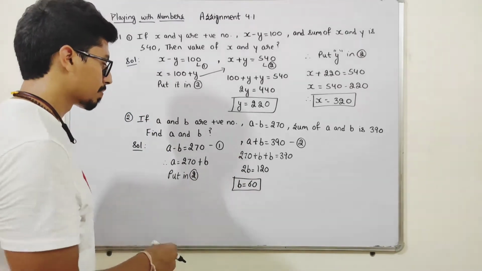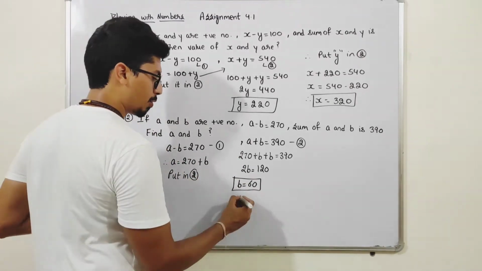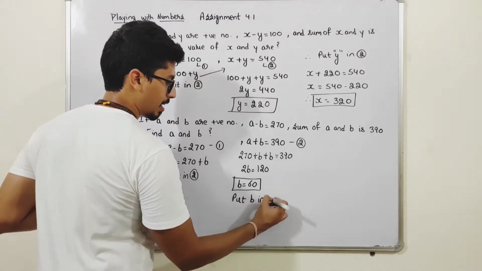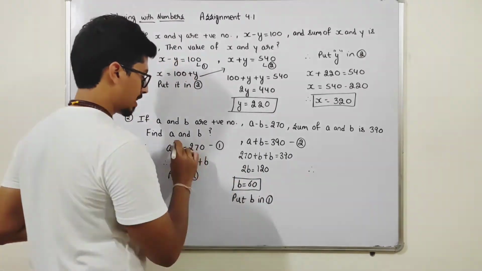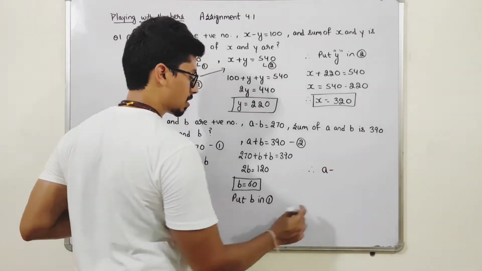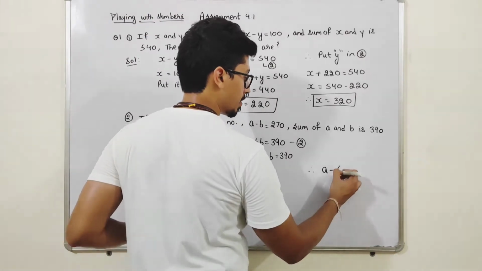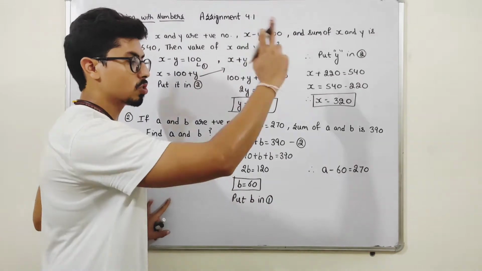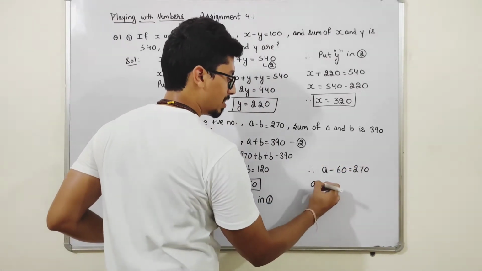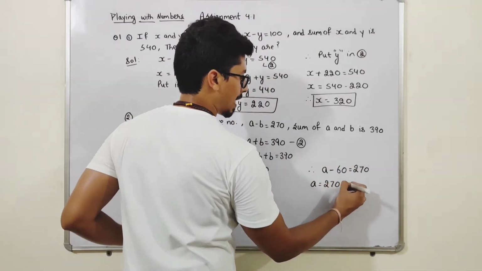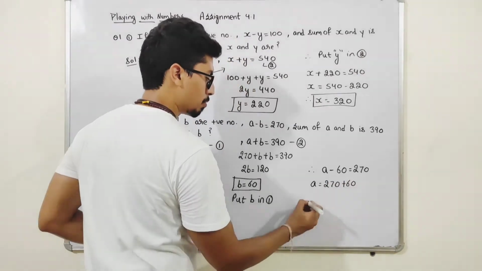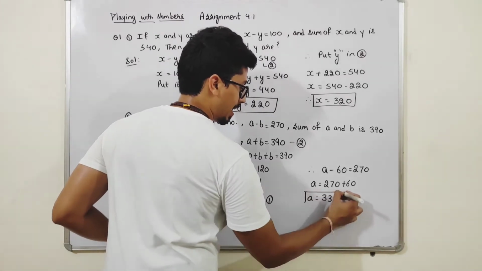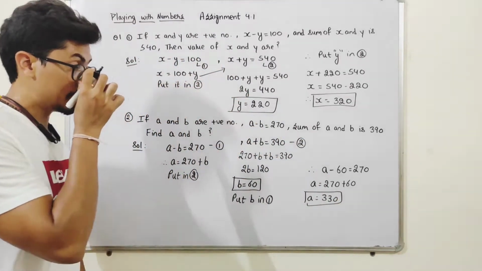If I put it in equation 1, then a minus 60 equals 270. 60 is in subtraction; when it goes there, it will be in addition. So a equals 270 plus 60. If I add them, it will be 330. So the value of a is 330.